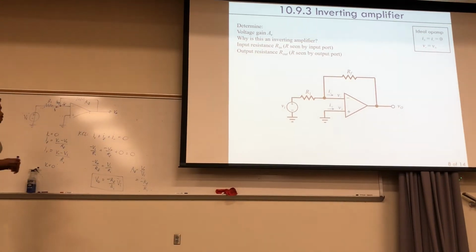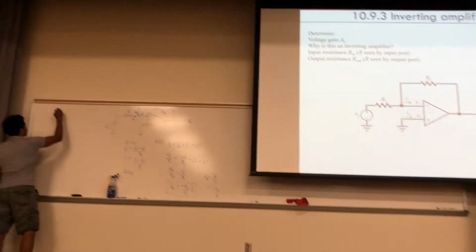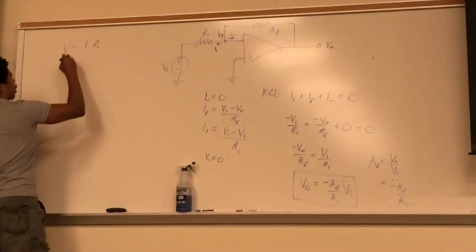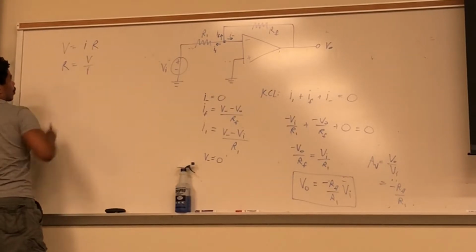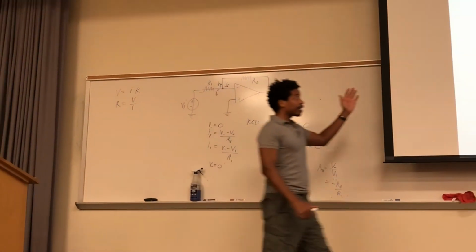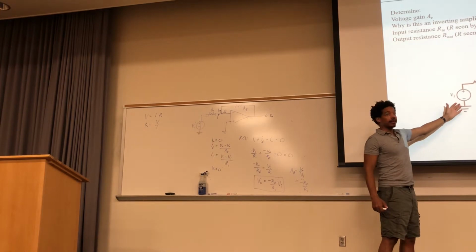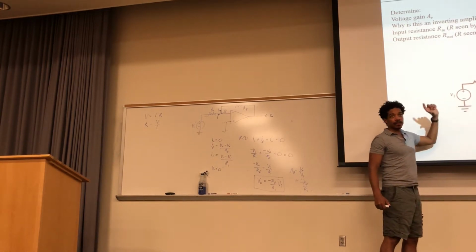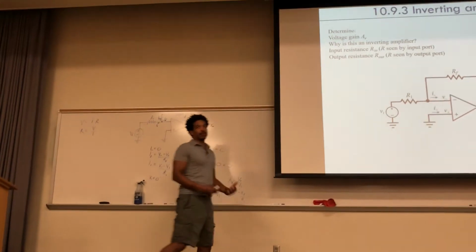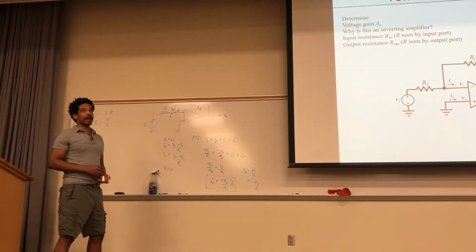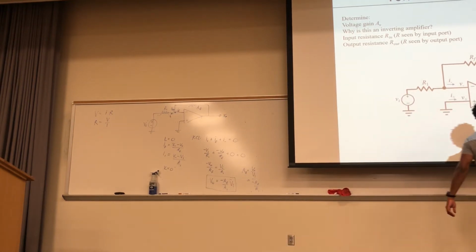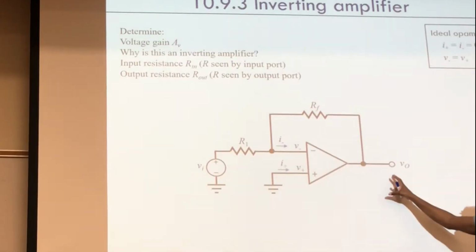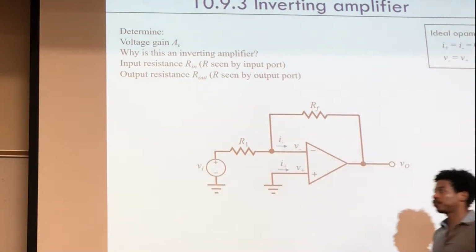From simple Ohm's law, V equals IR, your input resistance is just the ratio of voltage over current. So you either apply some voltage and measure current, or apply some current and measure voltage. That ratio is the resistance you see looking into that black box. Same with the output: you apply a current or voltage on this side and see the ratio, and that would be your output resistance.